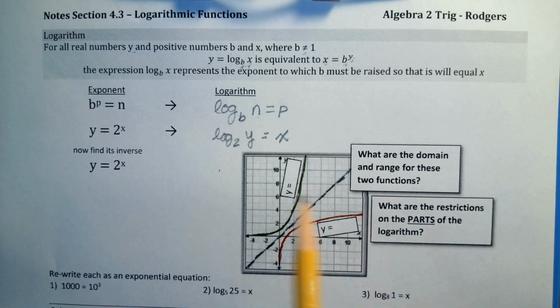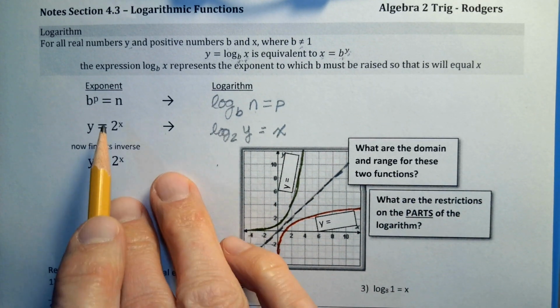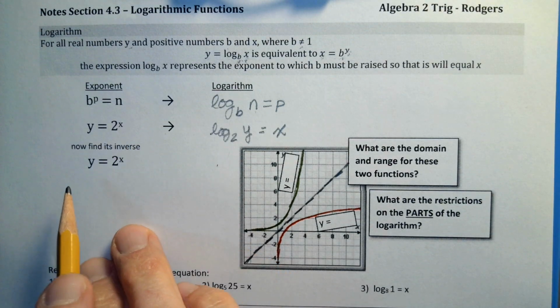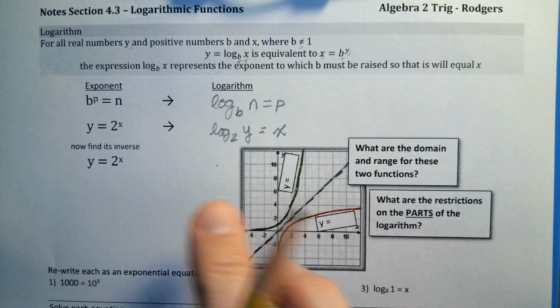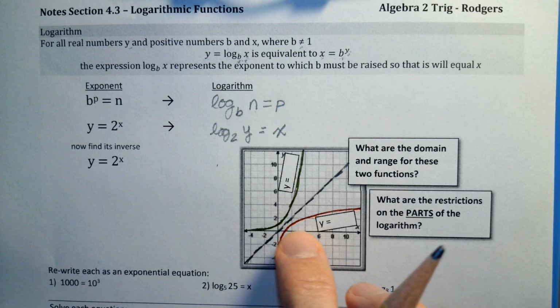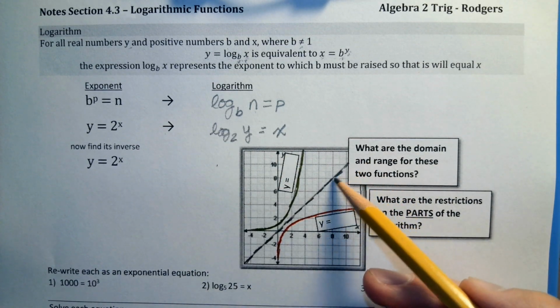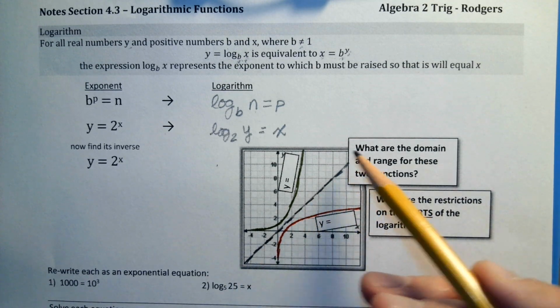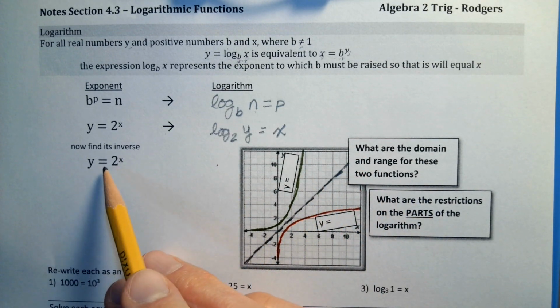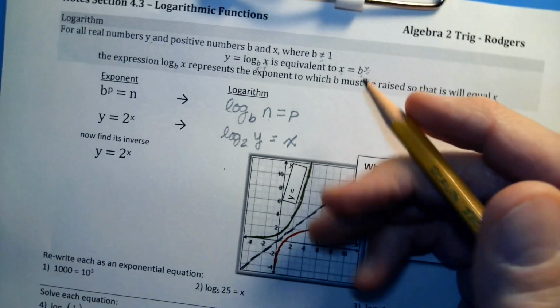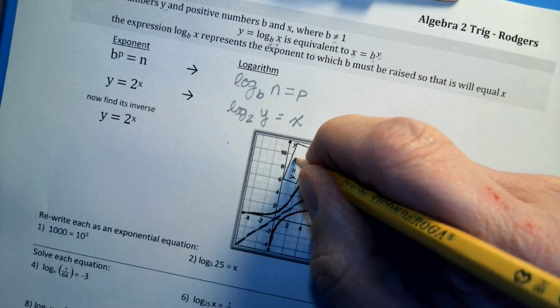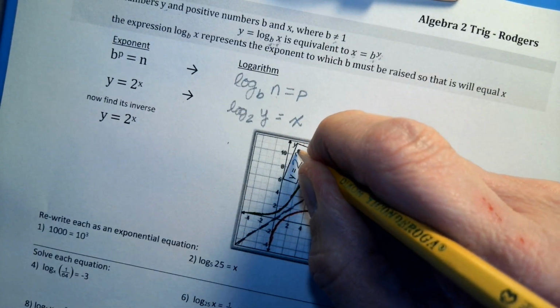Okay, so let's play around with this whole idea of exponential equation and its inverse. We talked about inverses. Remember, inverses are reflected about the identity line. So here is a function, y equals 2 to the x, y equals 2 raised to the x power.